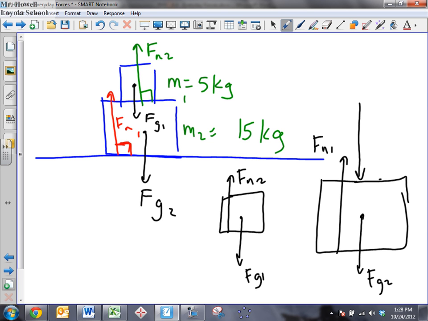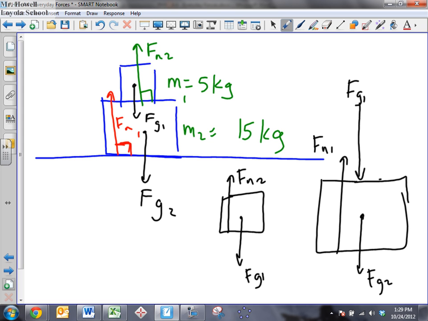It's the what of the box? Thank you. The weight of the upper box is pushing down. So here, what we can write is Fg1, because that's the weight of the upper box, just to be consistent with our labeling. Is that clear so far? Again, if you stack another object on top of an object, the weight of the upper object pushes down on the lower object.